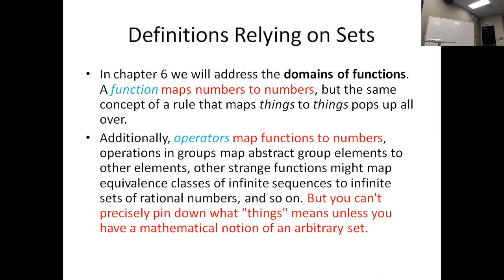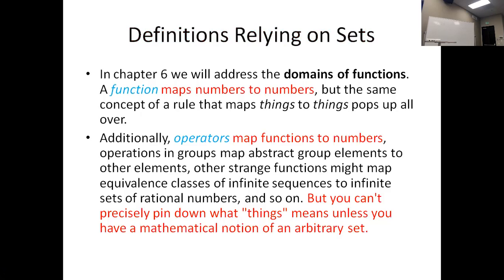Operators map functions to numbers. Now, don't worry, all these things might be confusing. We will come to them in later chapters with examples. Just remember, a function maps numbers to numbers, and operators map functions to numbers.